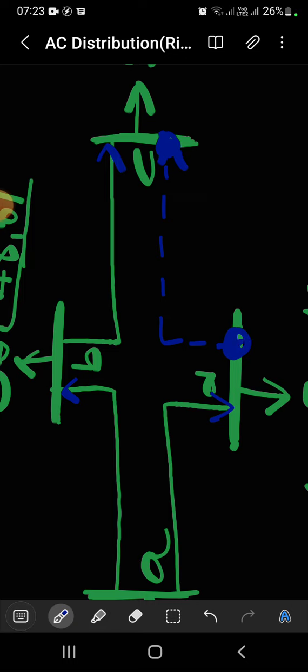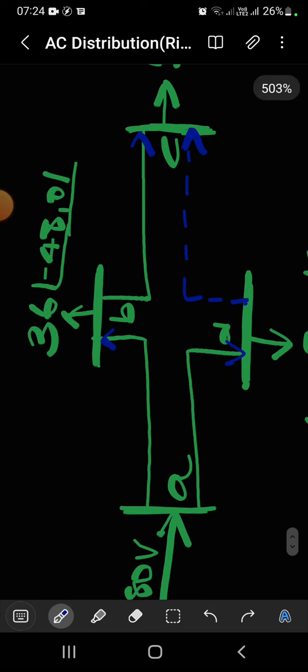So what you're looking for is this voltage, voltage DC. But the reason why we have to go all the way and calculate the top and the bottom voltage, let me show you why.